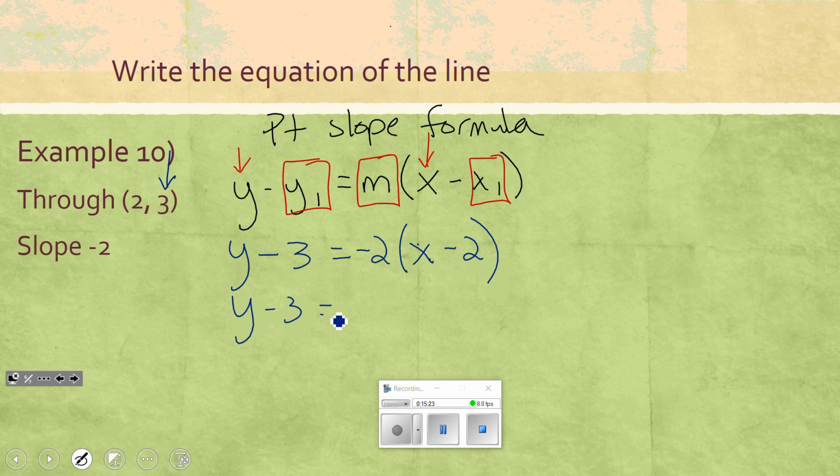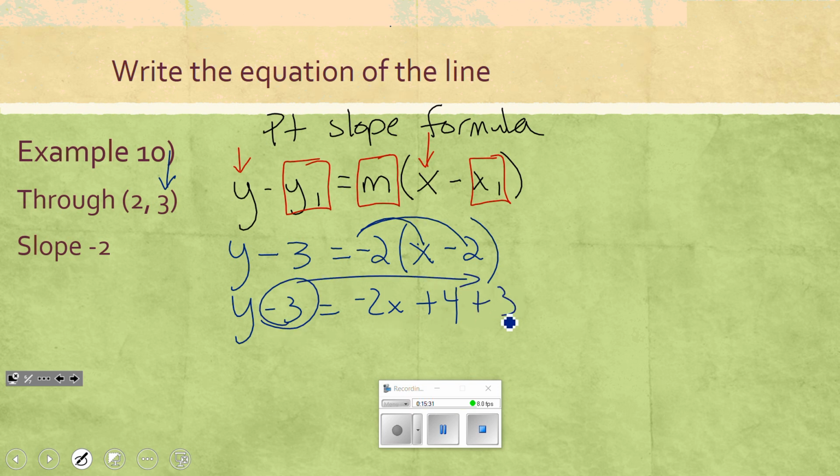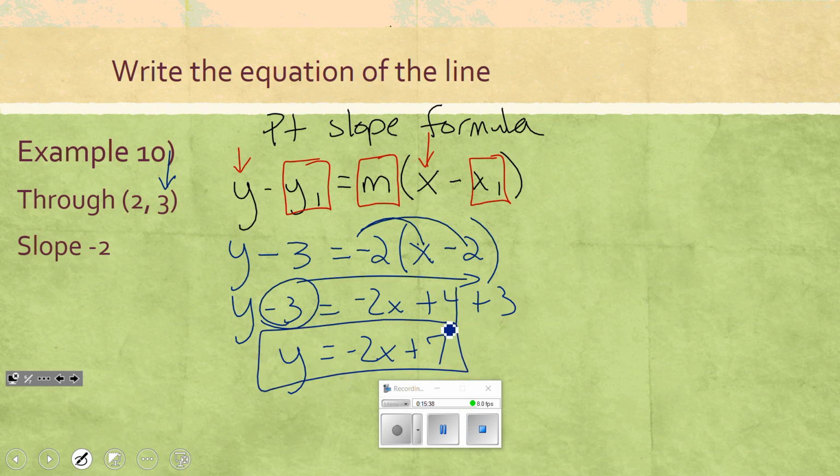Y minus 3, I'm going to distribute: -2x plus 4, and then I'm going to solve for y and move this over, so y equals -2x plus 7. So again, you can either do this by the formula, or you could do this by graphing the point and the slope and trying to find your equation.